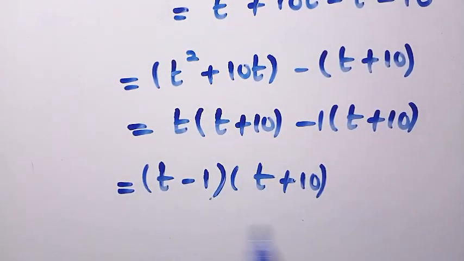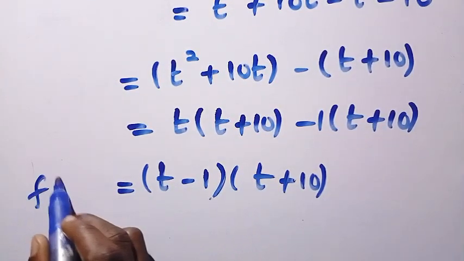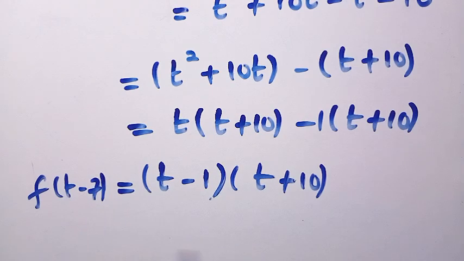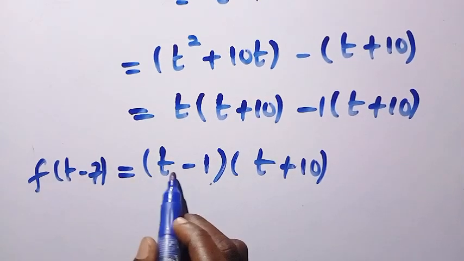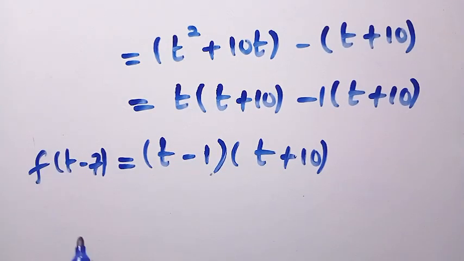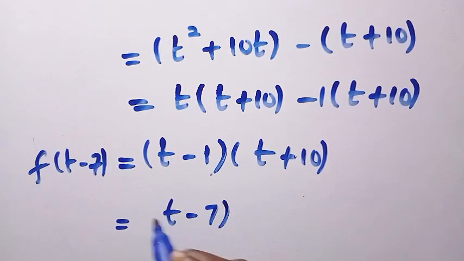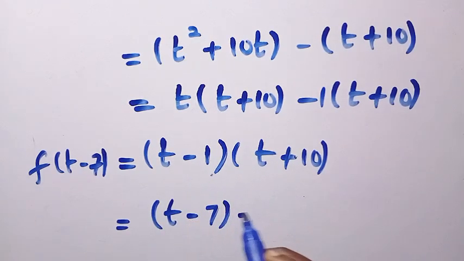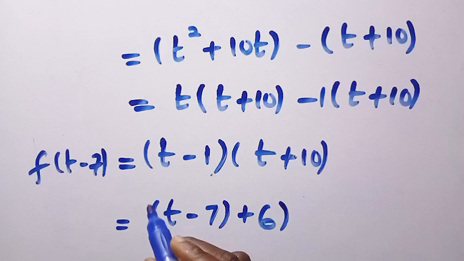And getting to these factors, we have here f of t minus 7. So we are trying to manipulate t minus 1, having t minus 7. What to do is very simple. We write this as t minus 7. Then it was minus 1 before, it means we have to add plus 6 to this.